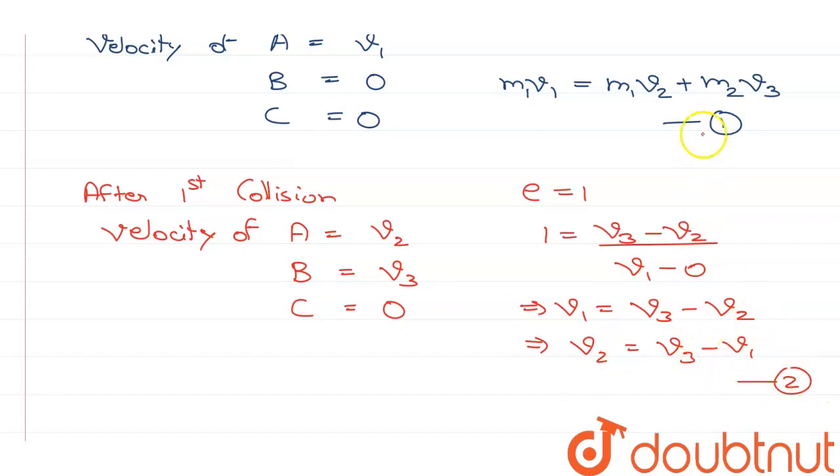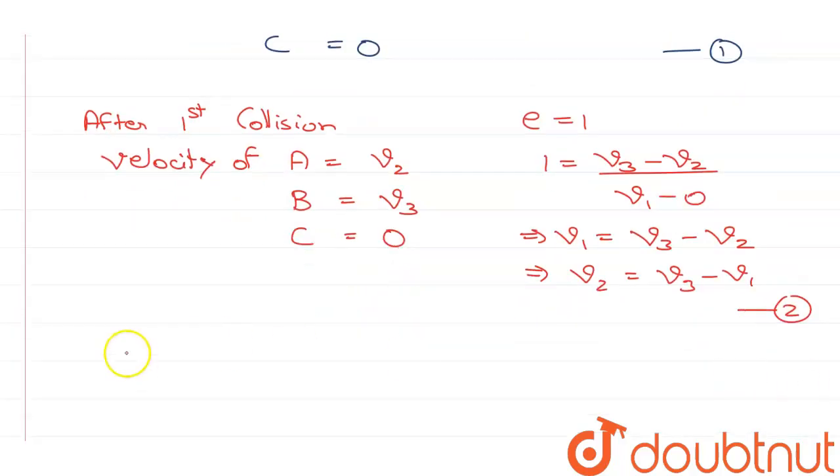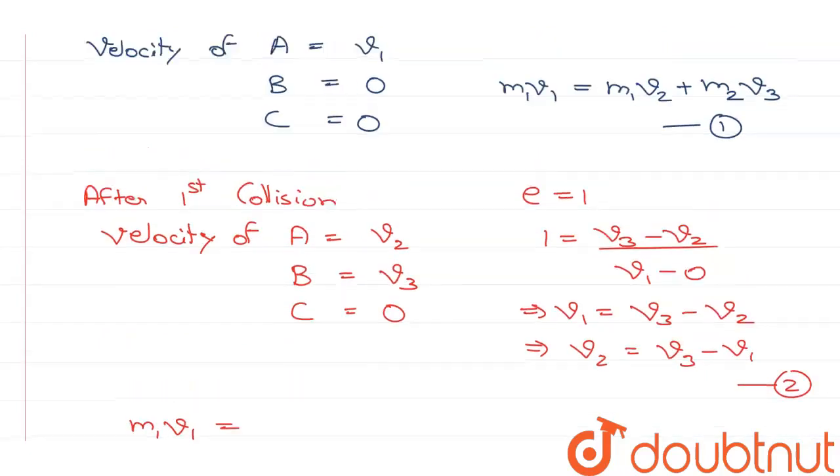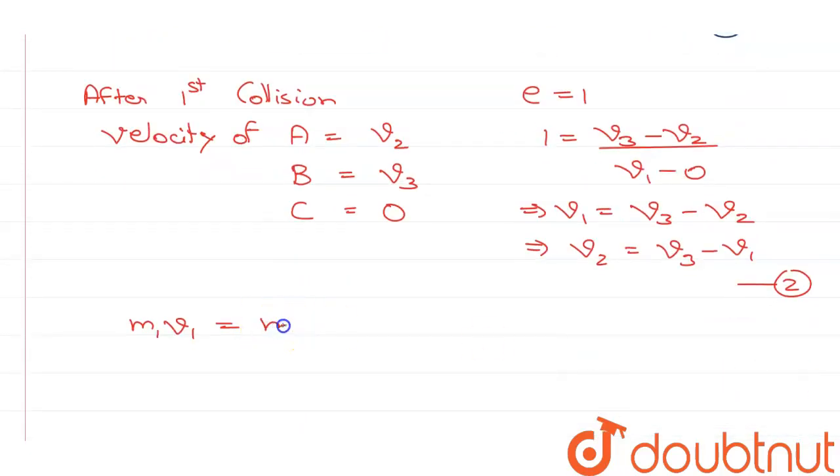Now from equation 2, if I put the value in equation number 1, I get m1 v1 is equal to m1 into (v3 minus v1) plus m2 into v3.